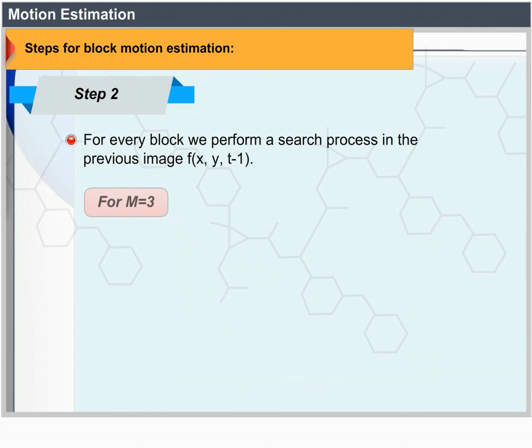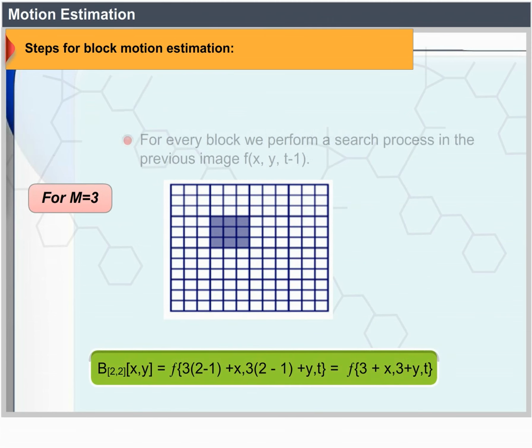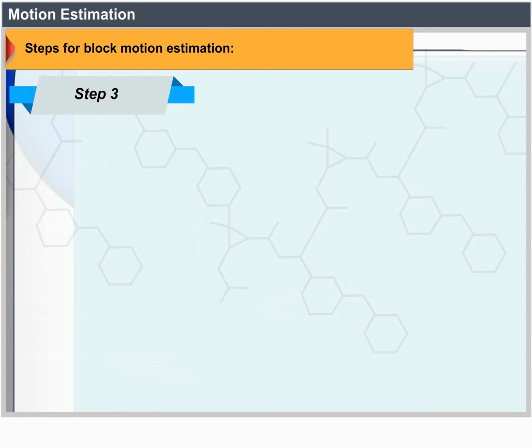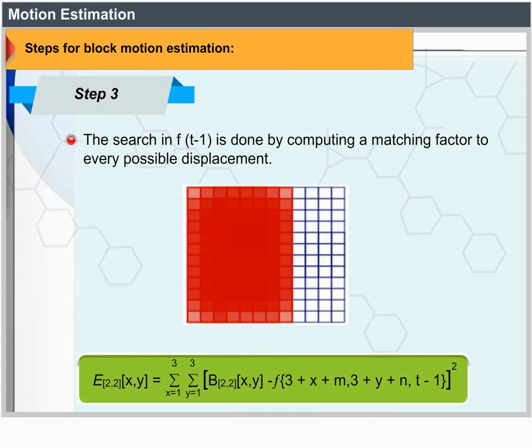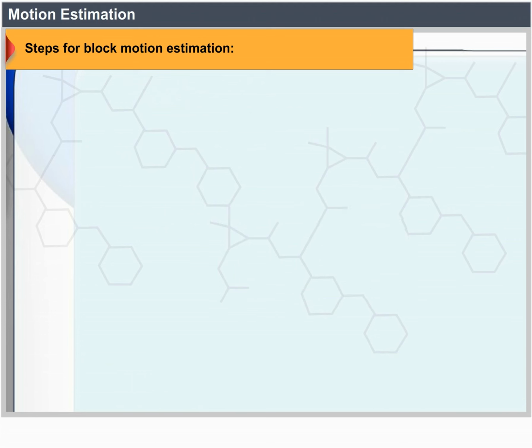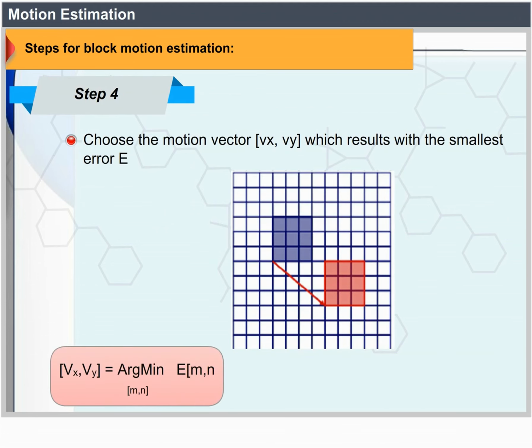For m equals 3, we obtain the following. Step 3. The search in f(t minus 1) is done by computing a matching factor for every possible displacement. Step 4. Choose a motion vector (vx, vy) which results in the smallest error E.